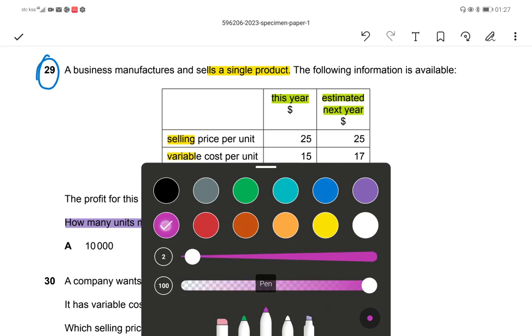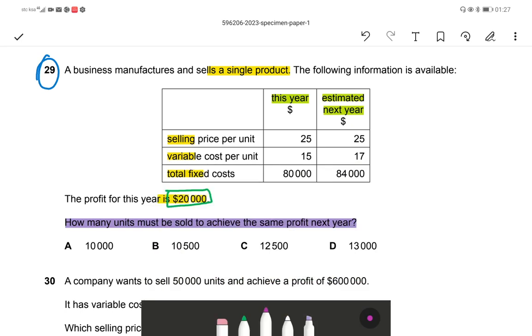So first we have to find the equation. What is the equation to achieve the profit? It means estimated fixed cost plus profit divided by contribution.